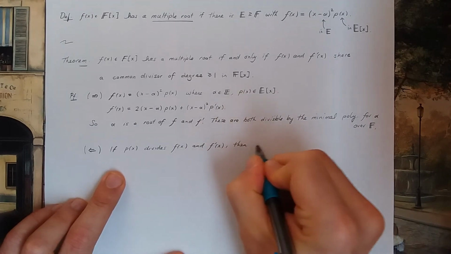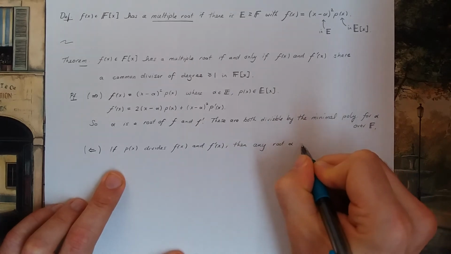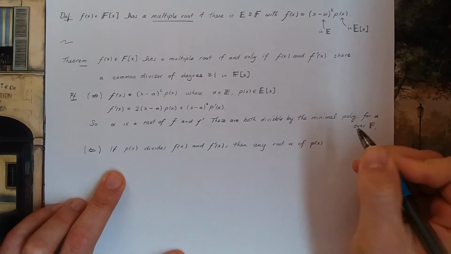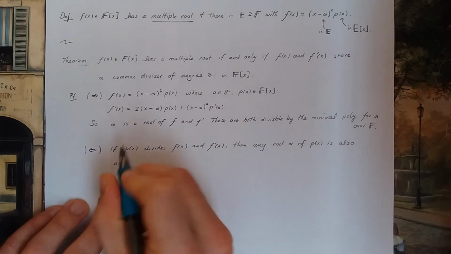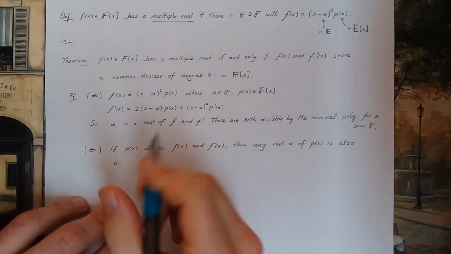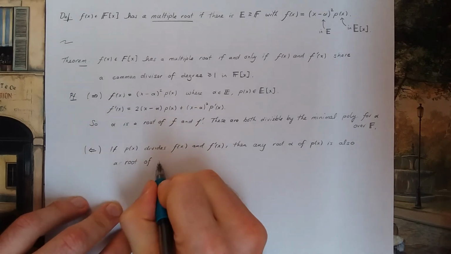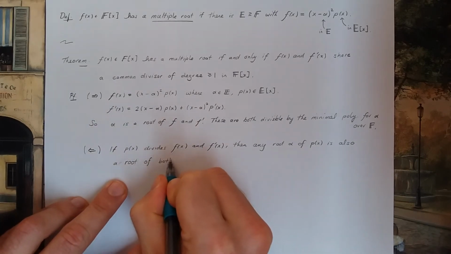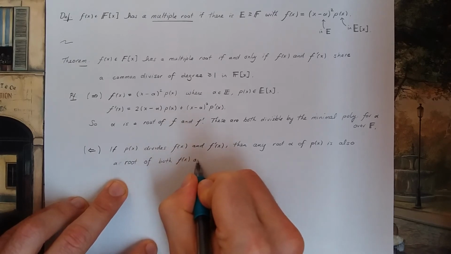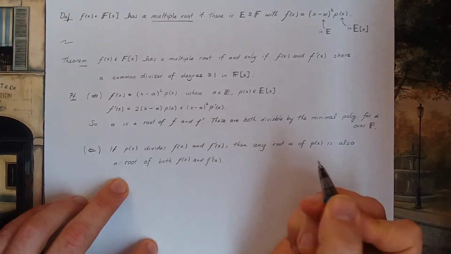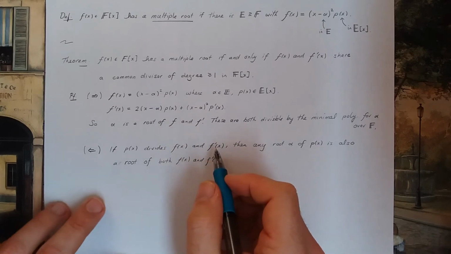In that case, any root alpha of the polynomial p of x is also a root of both f and f prime. So alpha is a root of both this function and the derivative.